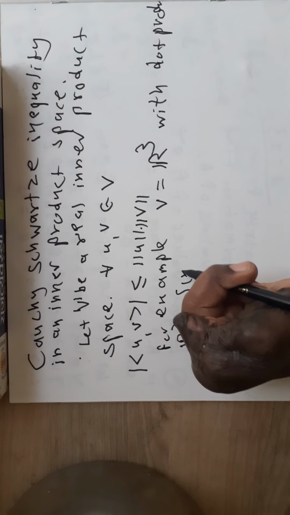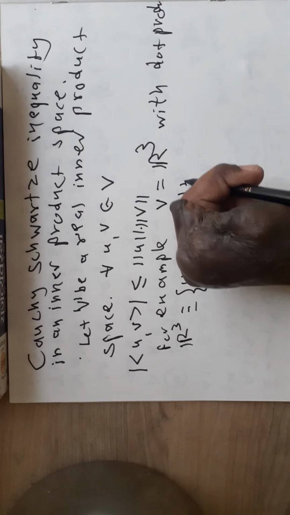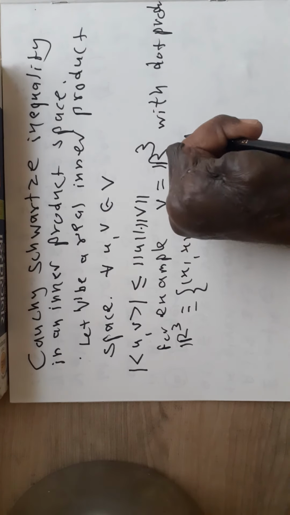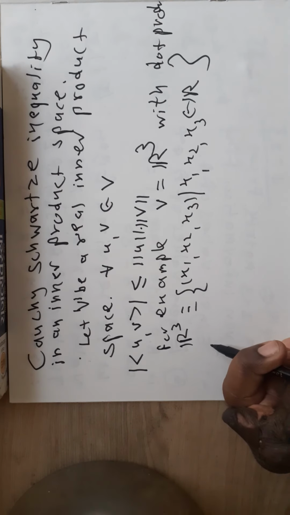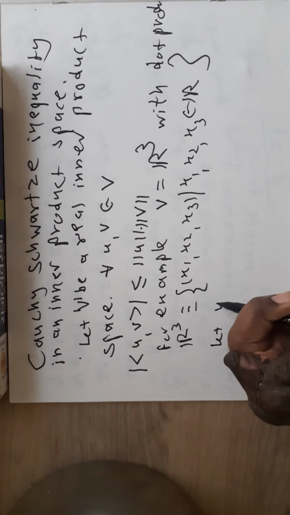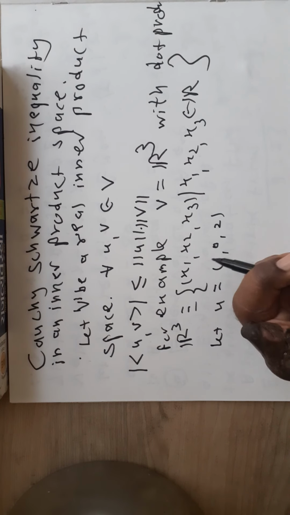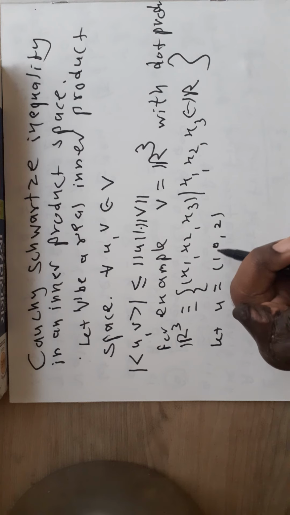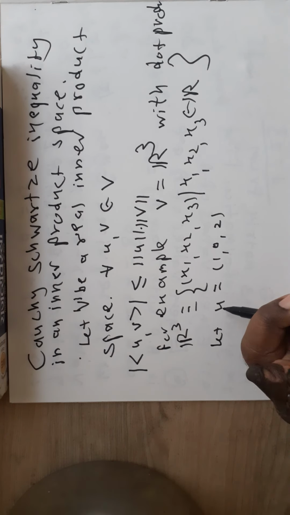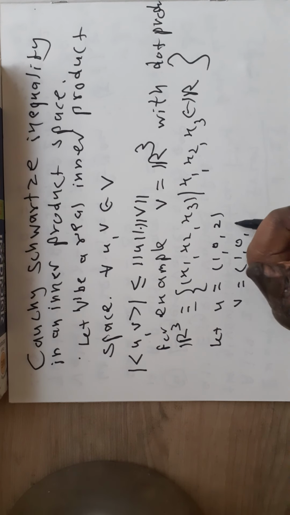It is the set of the elements of the type x1, x2, x3 such that x1, x2, x3 belong to R. And here, now let u is equal to 1, 0, 2 and v is equal to 1, 0, 3.